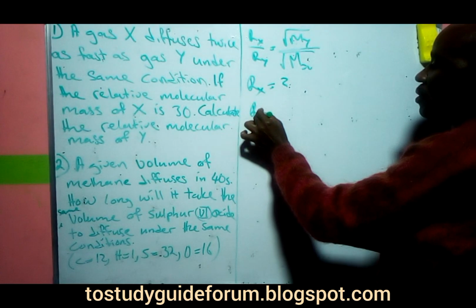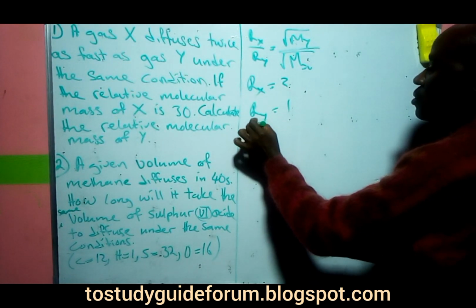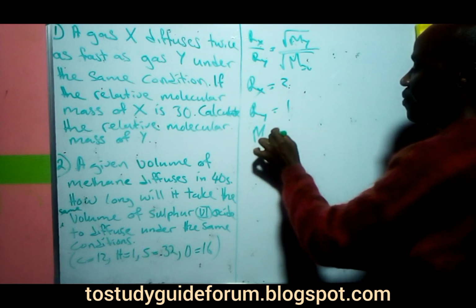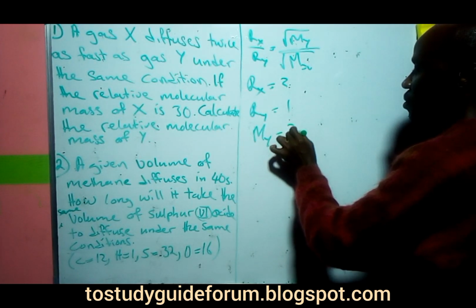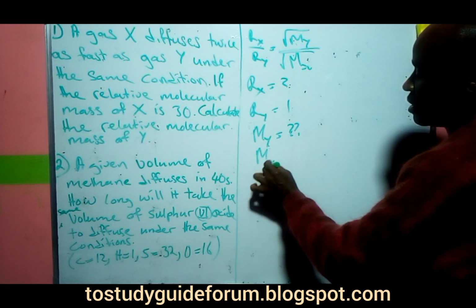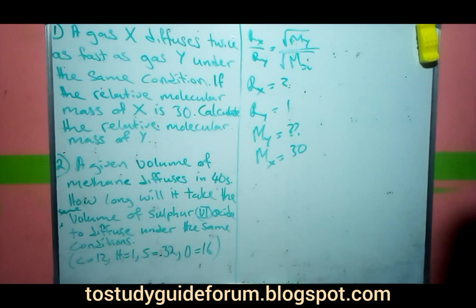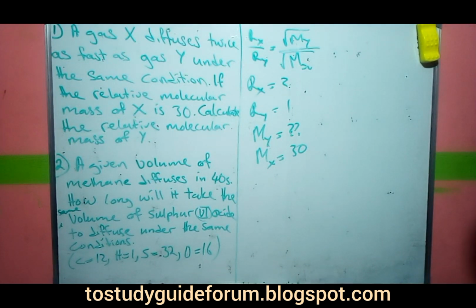The rate of diffusion of Y is 1, because the other one is 2 times. The relative molecular mass of gas Y is what's unknown. This is what we're looking for. And the relative molecular mass of gas X is equal to 30. So now we are going to substitute all these things.